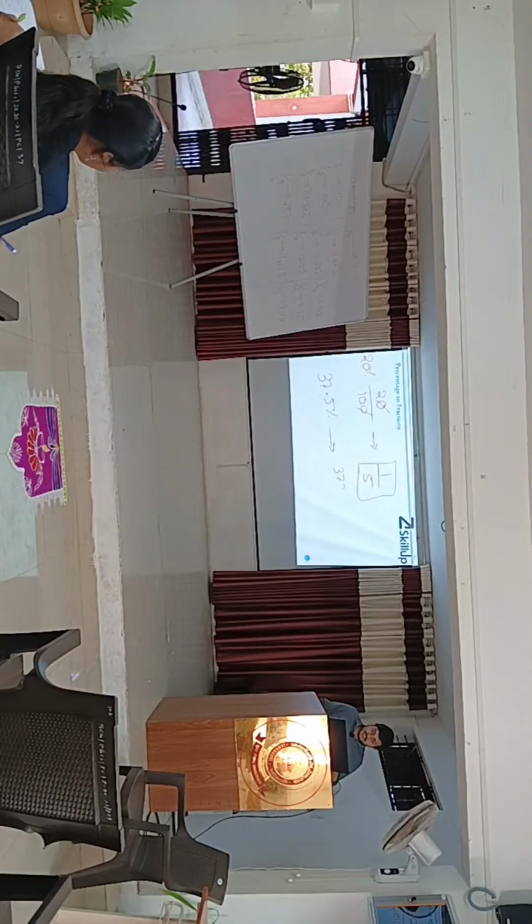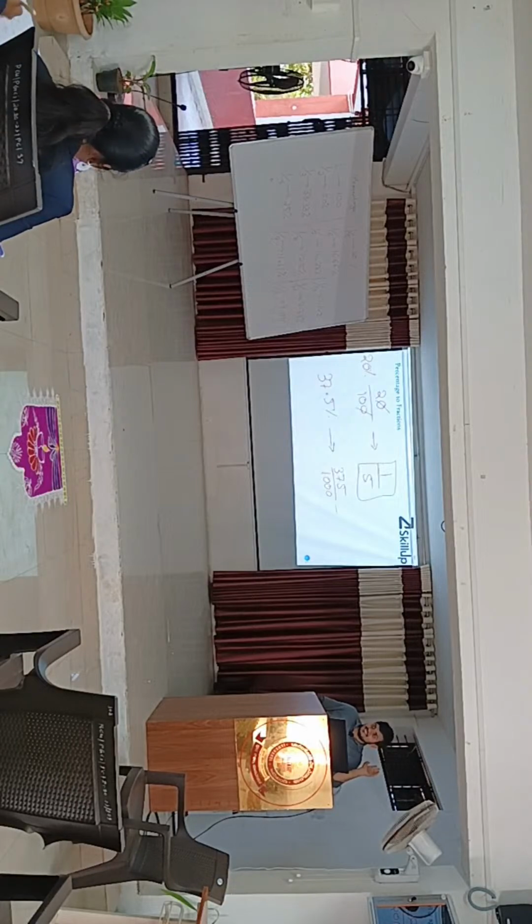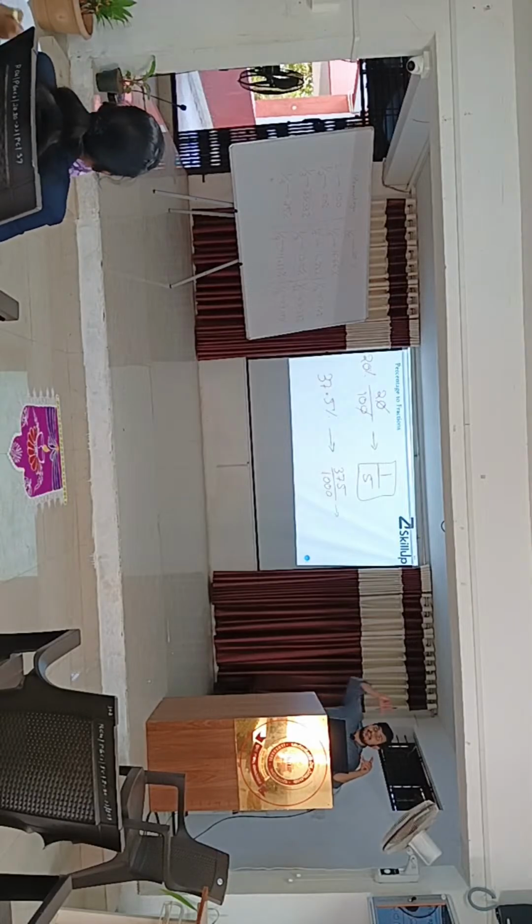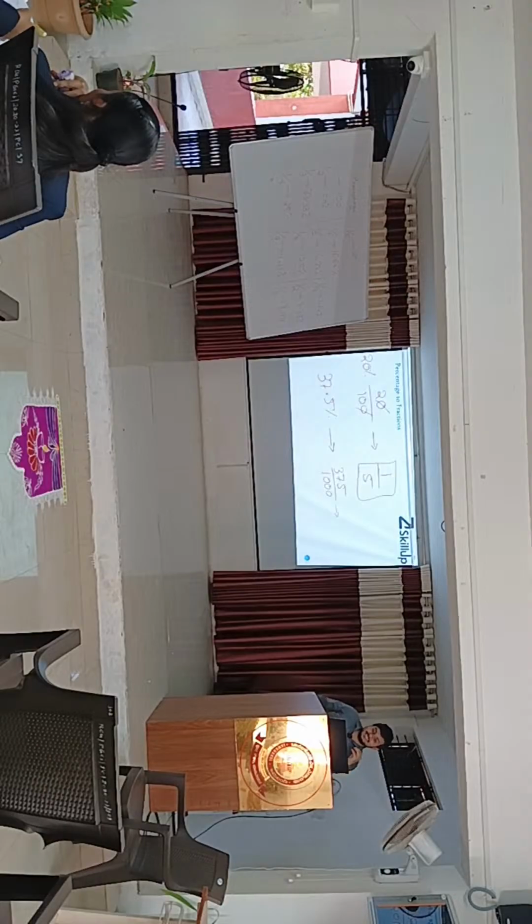37.5, 375 divided by 1000. If I remove the point, it will be 375 by 1000.